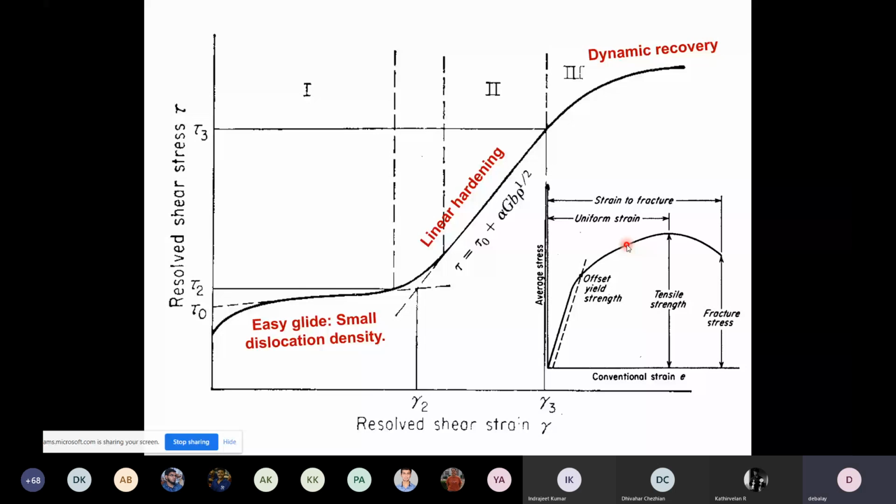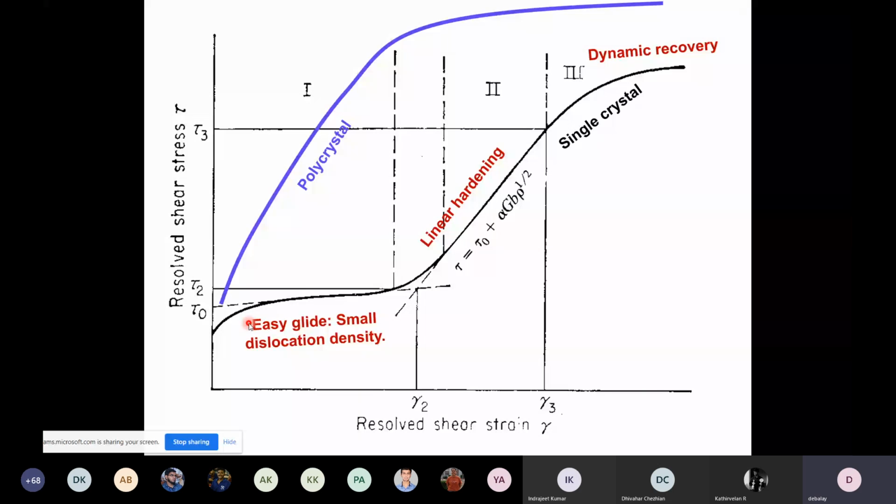And in the next slide, you will find shear stress, shear strain plot for a single crystal iron. You will get 3 clear regions. If you do polycrystal iron, your curve will follow along this blue line plot. So it is interesting. It's not very different. Somewhat similarity is maintained.